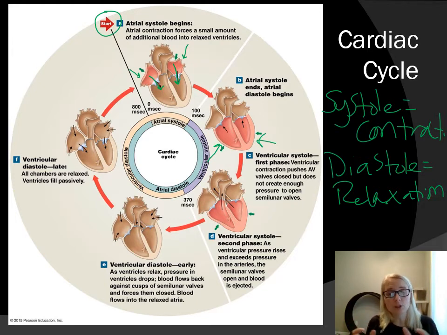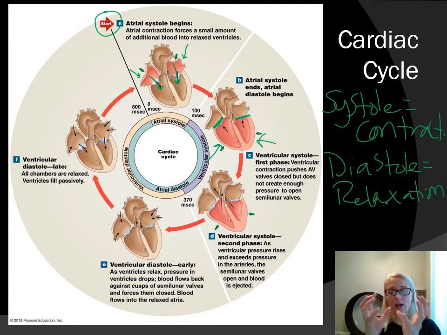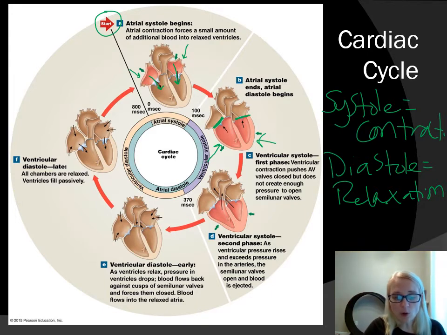It's a blood-filled chamber. When that pressure builds up enough, we can see that those AV valves are going to close, right? They were open when the ventricles are filling, but when the contraction happens, they're going to close. So now our AV valves are closed, but also take a look at our semilunar valves, these guys right here. So semilunar valves are also closed.